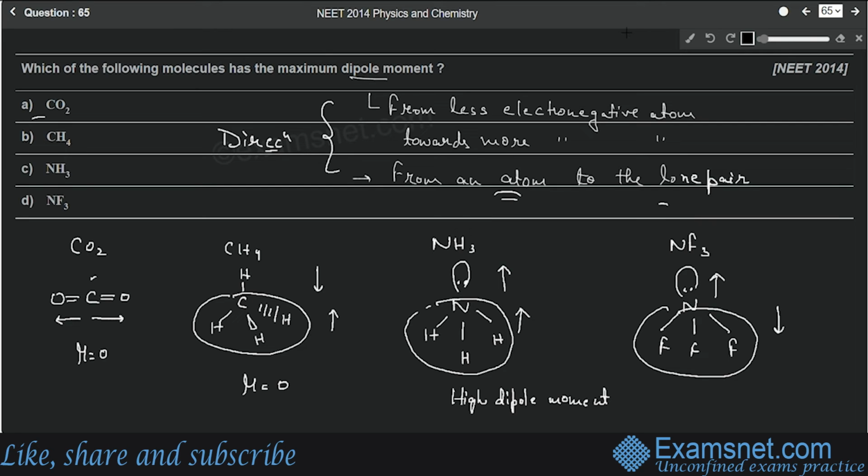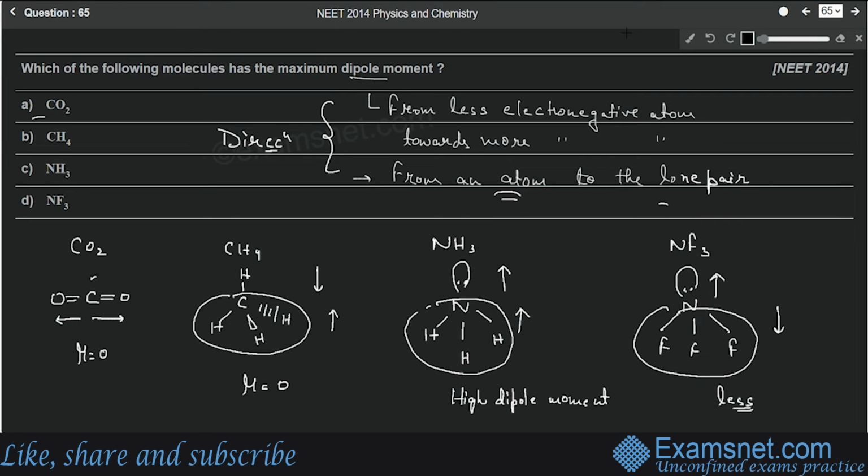So this time it is opposite direction. In ammonia the direction was same, in nitrogen trifluoride the direction is opposite. So the overall effect will be the difference between the two. So it will be less dipole moment as compared to the ammonia.